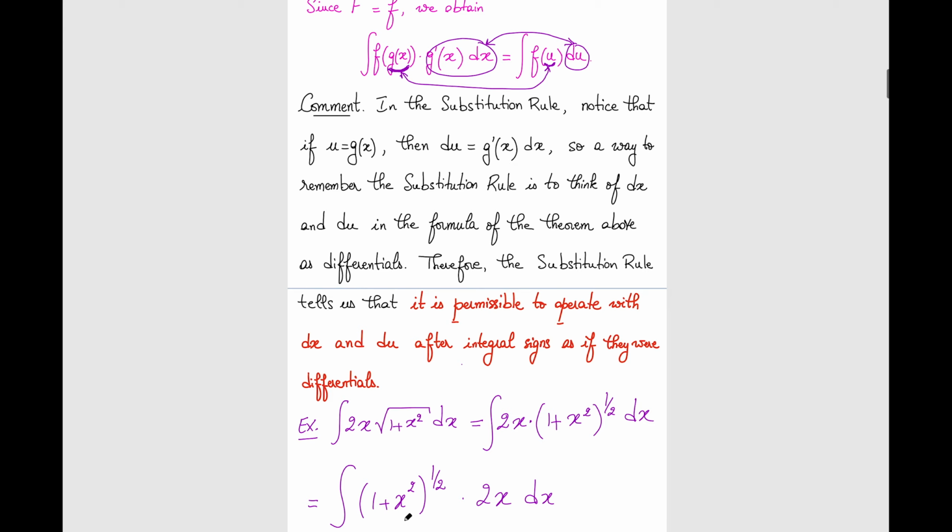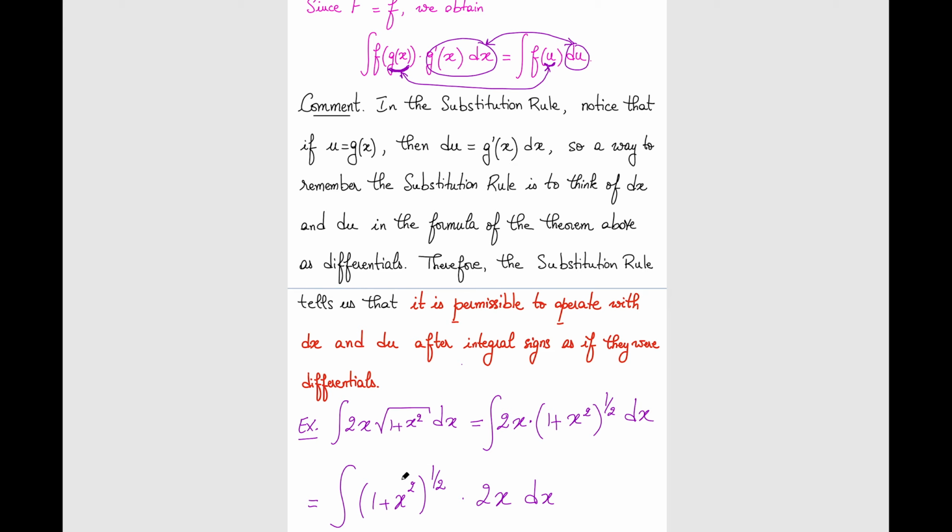If you think about 1 plus x squared to be the u, this would be du, right? One more time. If you think about 1 plus x squared to be the u, du would be the derivative of this, which is 2x dx, correct? So if we choose u to be 1 plus x squared, this guy here, which is 2x dx, becomes du.